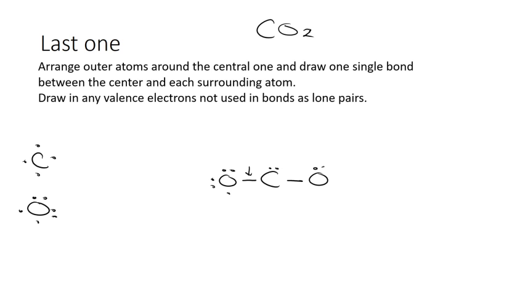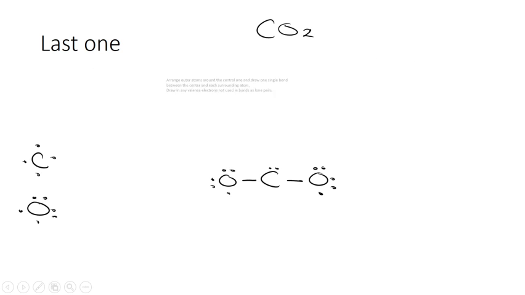Same with this oxygen. Okay, great. Get rid of this arrow here. So now we have drawn our single bonds and we've put in valence electrons as lone pairs.